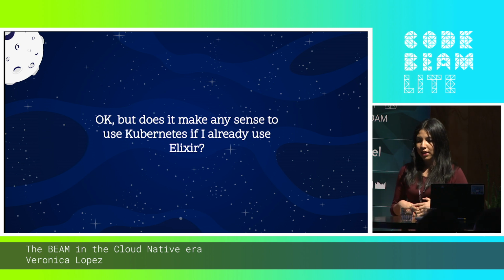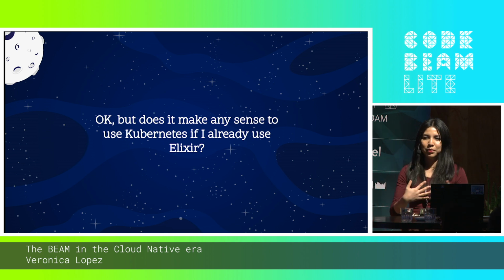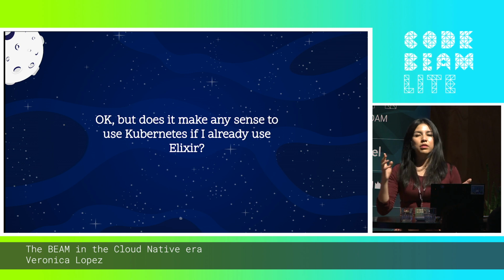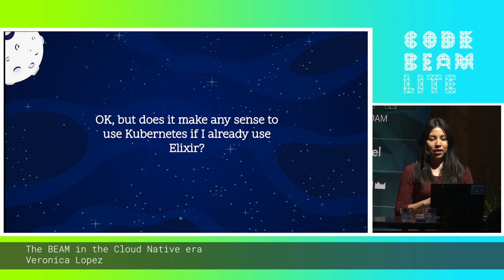On the internet, there are many tutorials, I don't know if you have seen them, on how to implement Elixir with Kubernetes or the other way around, or how to integrate Prometheus or any other CNCF tool. But nobody tells you why.